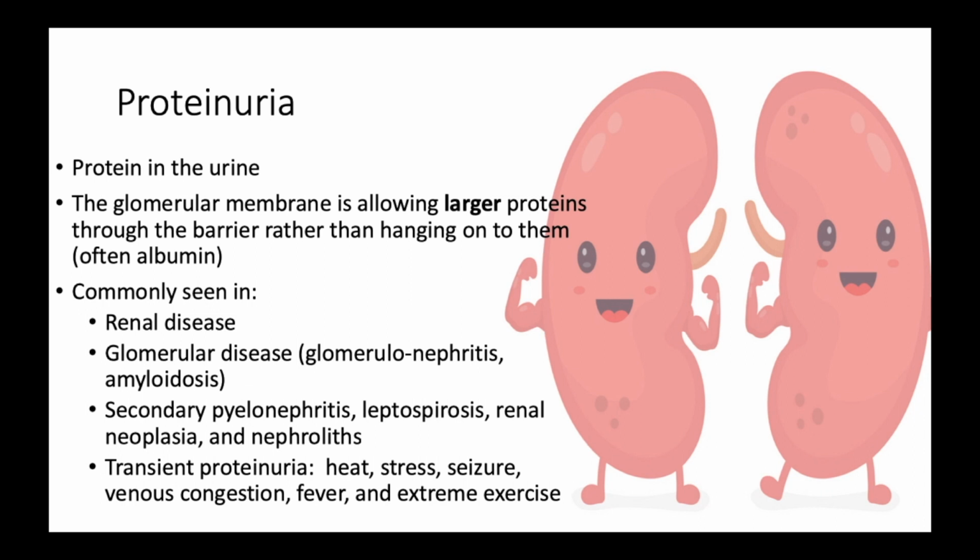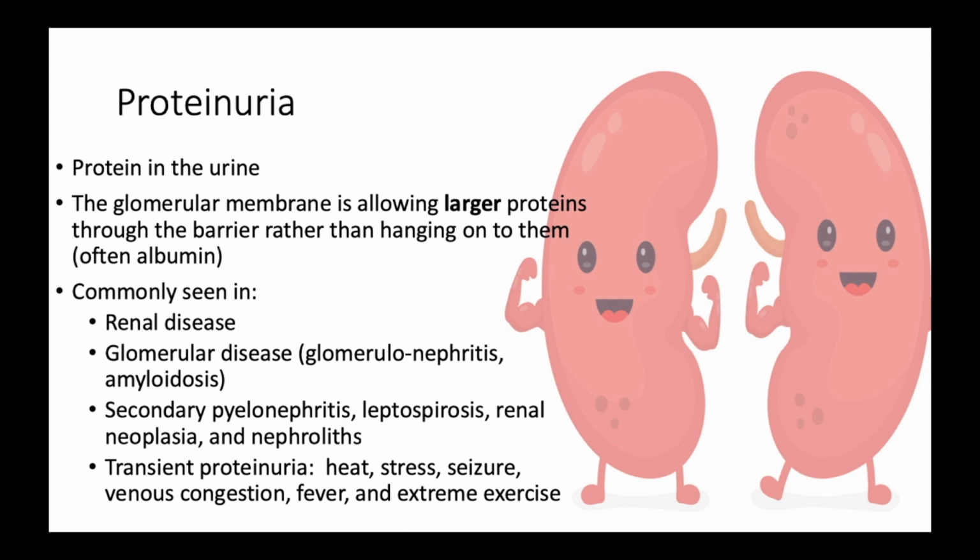So if we're seeing proteinuria, protein in the urine on the dipstick, that's an indicator that another disease process might be happening. Commonly, we see proteinuria in renal disease, especially chronic renal disease, glomerular disease, such as glomerulonephritis, so inflammation of the nephrons of the kidney, and amyloidosis.